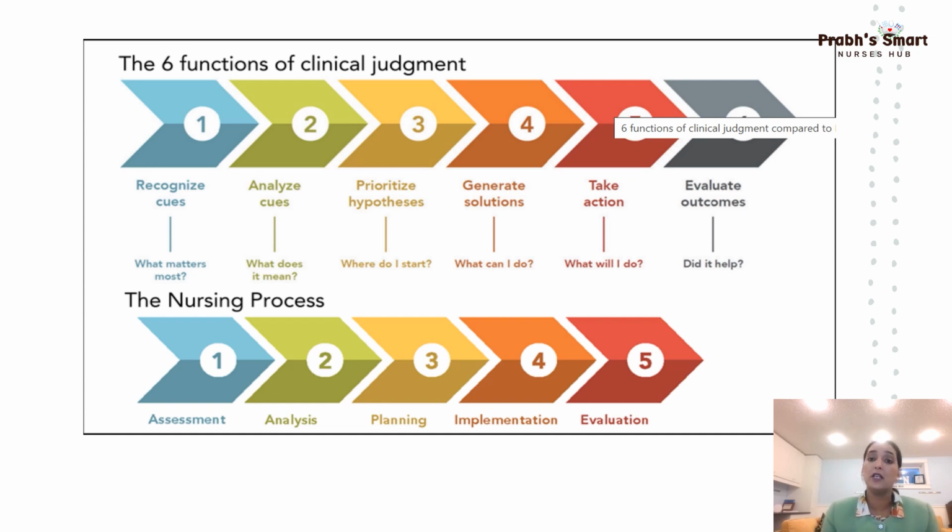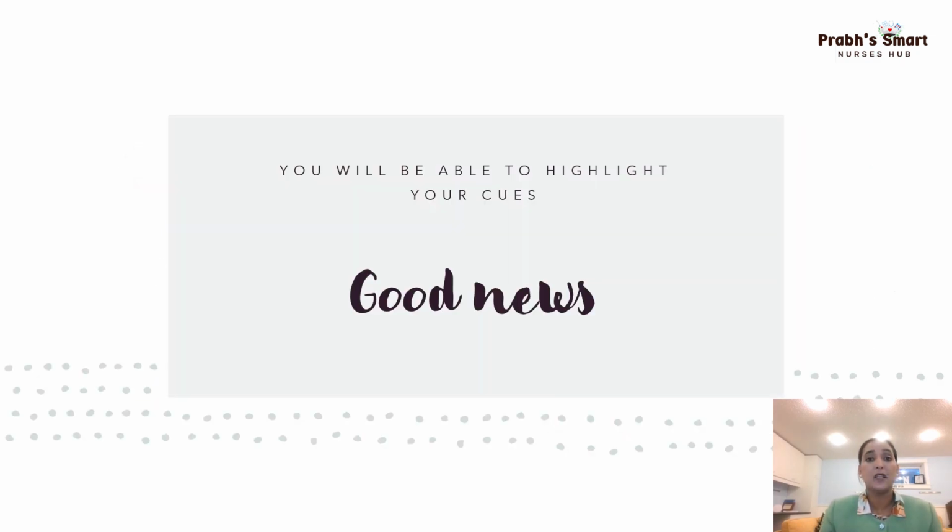So evaluation is whatever you did for the client, you are going to evaluate. Okay. Yes, good news is highlighting, right? So there is a lot of information in the case studies, and so you don't get confused, right? So it's good for you, you can highlight the information that is relevant and important.